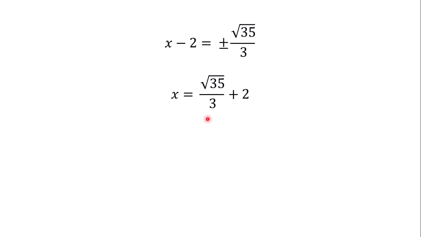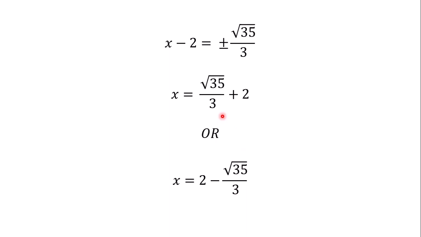Okay, so this is the first part of the answer. x is equal to square root of 35 over 3 plus 2, or x is equal to 2 minus square root of 35 over 3. Now, that is the value of x from the equation.